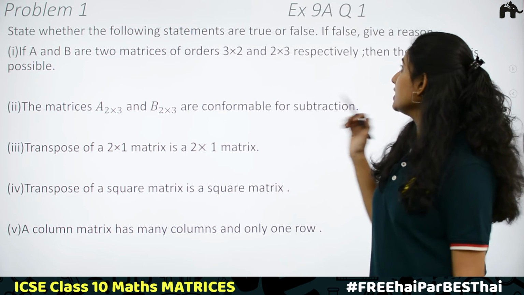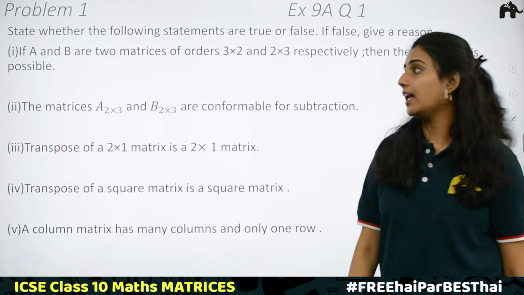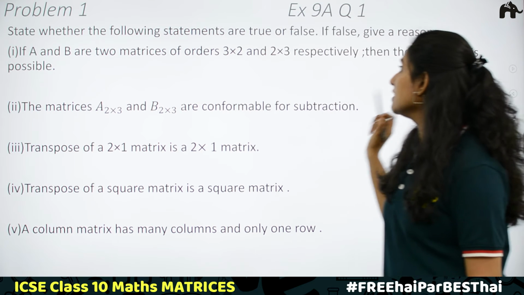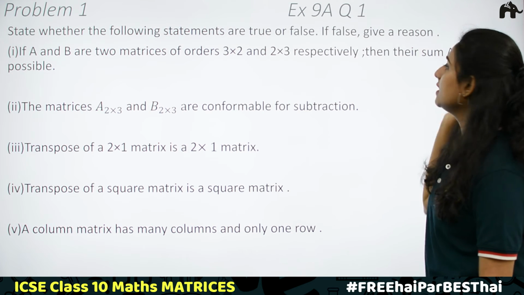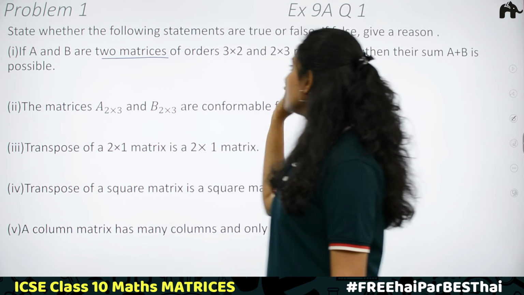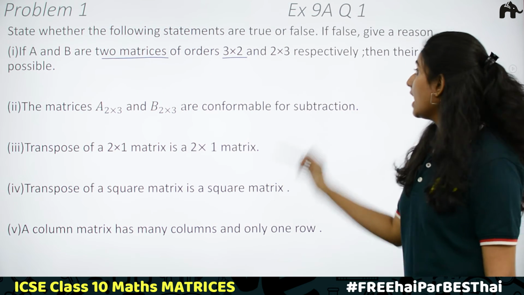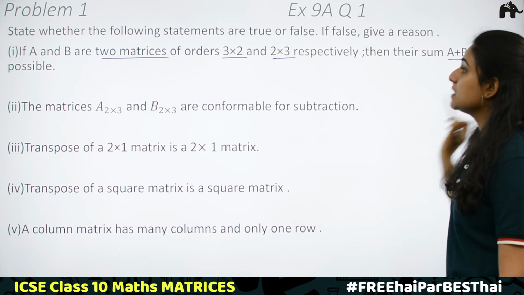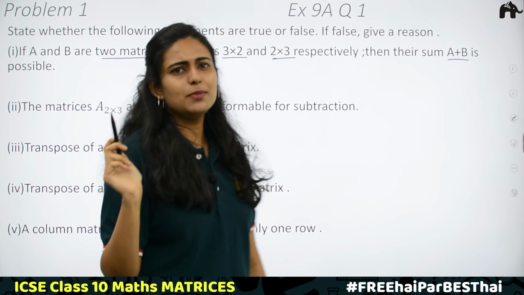Let us solve some questions from exercise 9a. Here we have the first question. State whether the following statements are true or false. If false, give a reason. If A and B are two matrices of order 3 by 2 and 2 by 3 respectively, then their sum A plus B is possible. Is it possible?